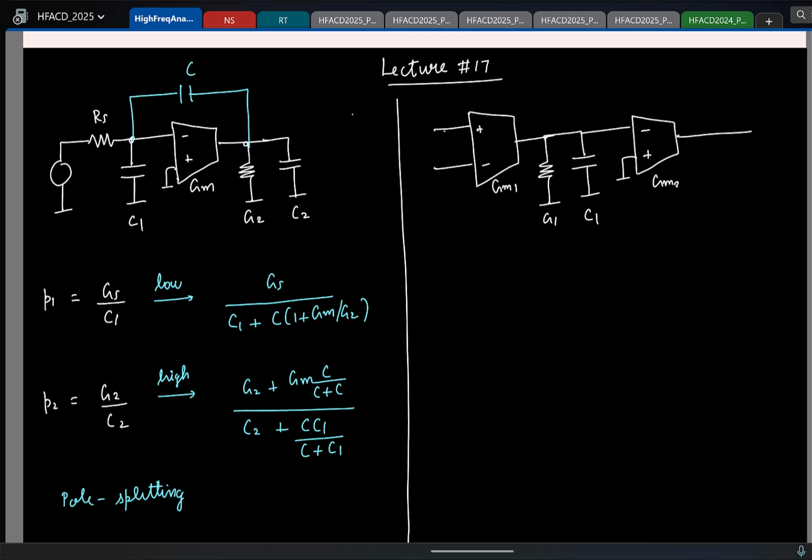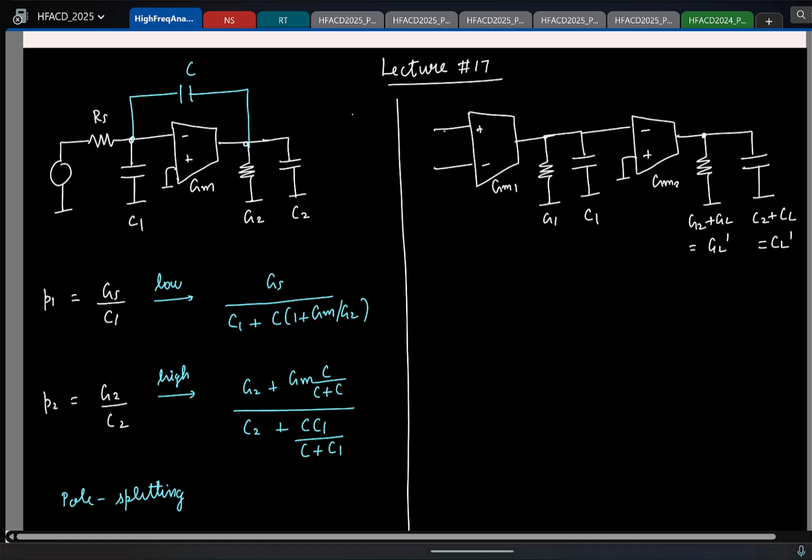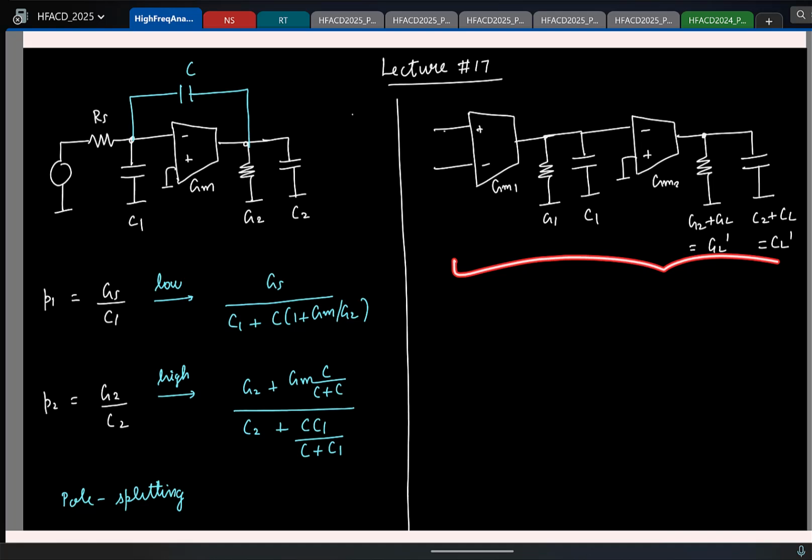And at the output I'll consider the intrinsic conductance and the load conductance. Together I'll call it as GL prime. Similarly, I'll club both the intrinsic capacitance and the load capacitance. I'll call it as CL prime.